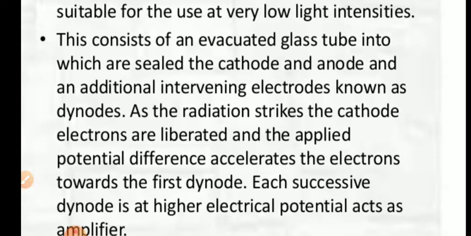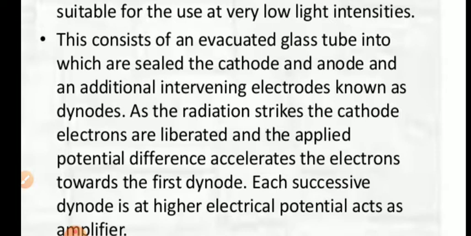The photomultiplier tube is designed to multiply or amplify the initial current. Hence, it is suitable for measurement of light having very low intensities. Between the cathode and anode, there are multiple intermediate electrodes, which are called dynodes.